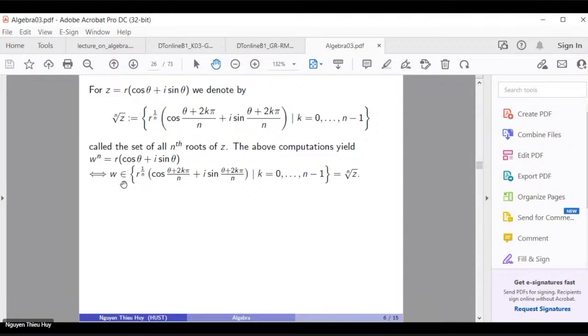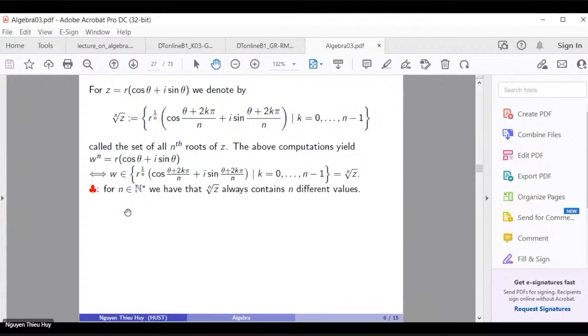Therefore, we have to write w belongs to. This is the exact way to write it: w to the n equals the value r cos theta plus i sine theta is equivalent to w belonging to this set, denoted by nth root of z. This is not a single value. This is a set of n values. So we write it as a set.